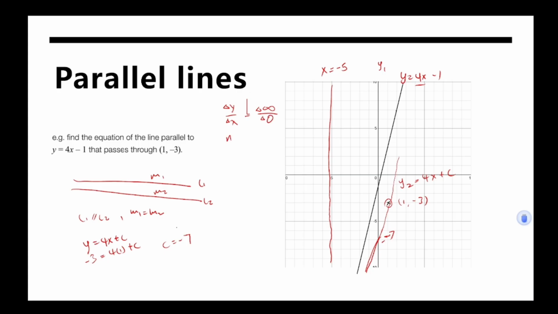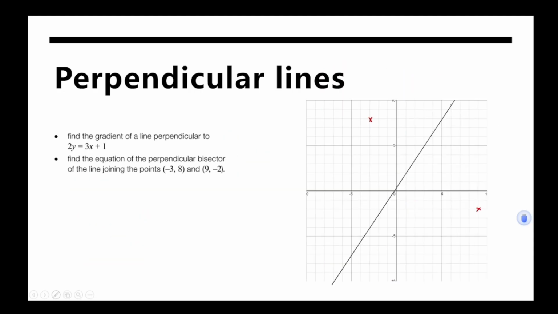So this is not defined, just for now. What if it's a horizontal line? For example, this is the line y equals 5. Then what is the gradient? Changing y over changing x. We know that changing y is 0 and changing x is infinite. So the gradient is just 0.